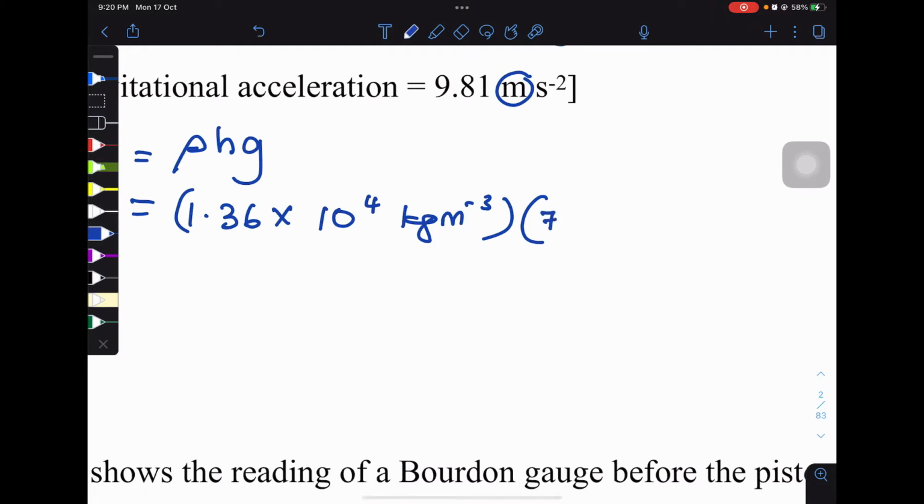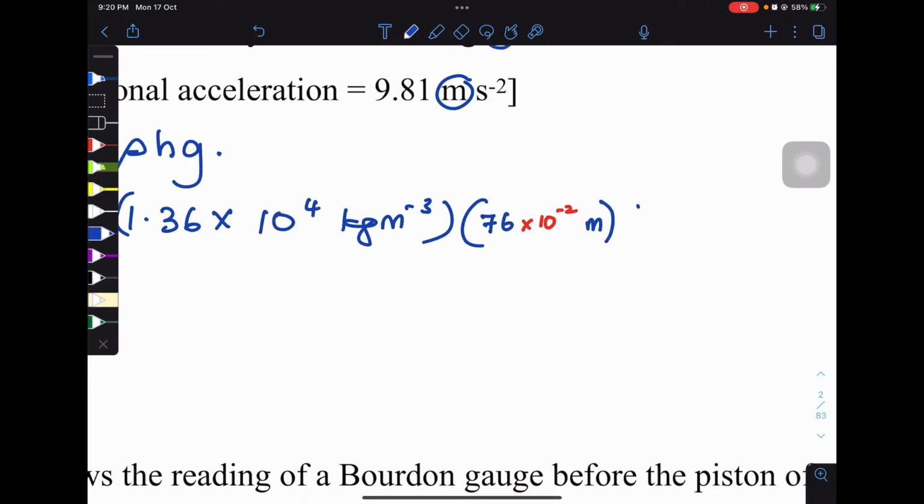So we have 76 centimeter Hg, but we change this centi to 10 to the power negative 2. The unit is meter now.